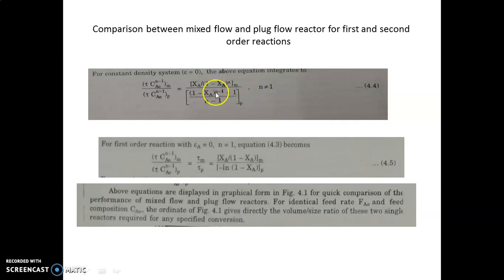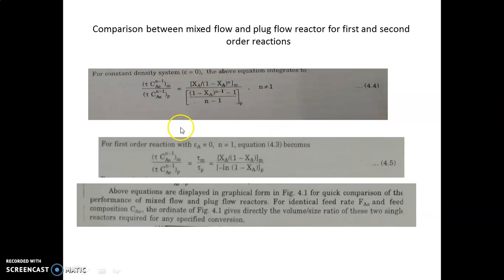Then in equation 4.3 we have to put epsilon A equal to 0. That means for constant density system we have to integrate the above equation. Then we obtain equation number 4.4, in which n is not equal to 1.